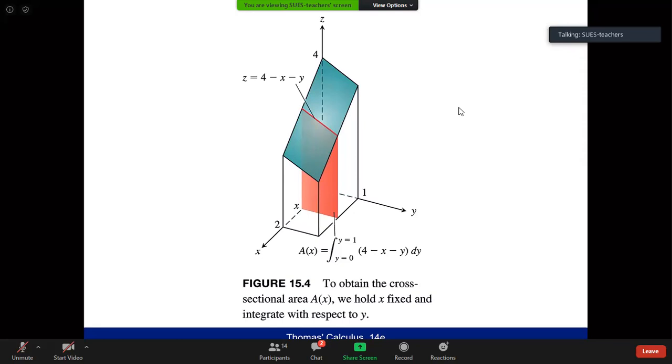We are still doing the same thing: adding up all the small slices. The first thing is that we have to know the area A(x), the area below the curve.